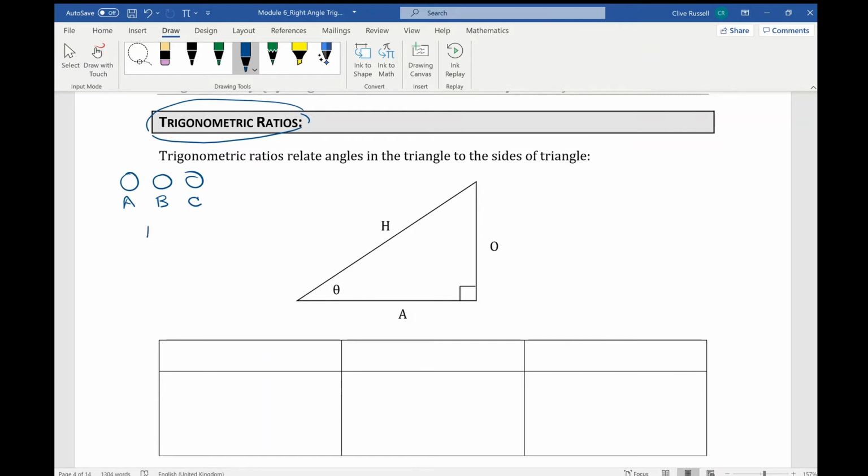Well, I could have chosen A and B, or I could have chosen A and C, or I could have chosen B and C. There are no other groups, only 3 groups I can form. So in general, whenever we have 3 things, we can form 3 groups. Now, there's not a one-to-one relationship between the number of things and the number of groups.